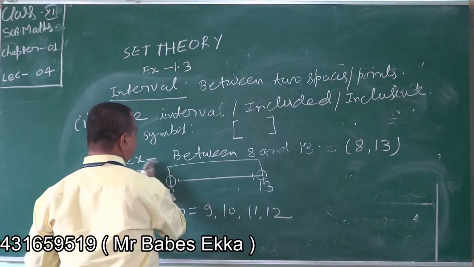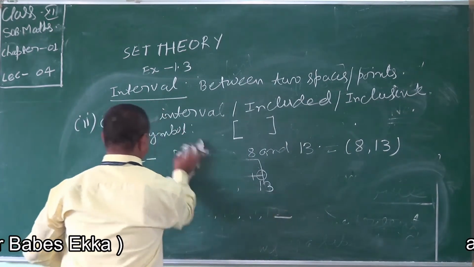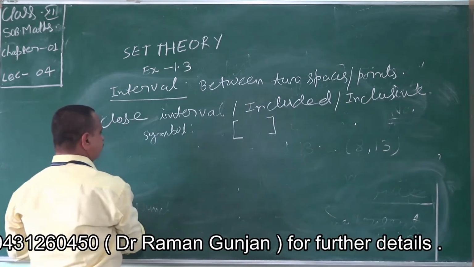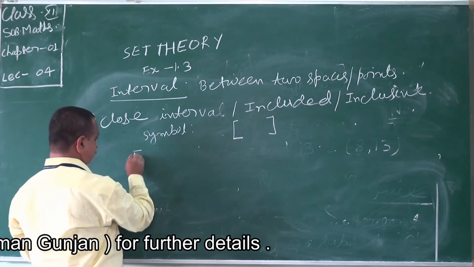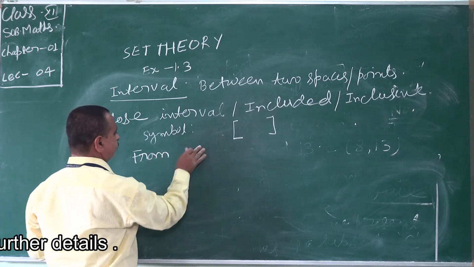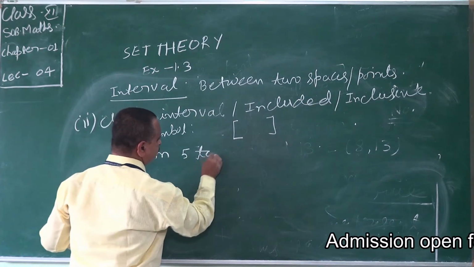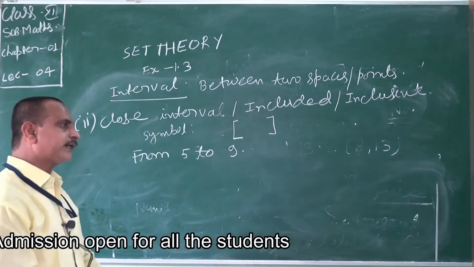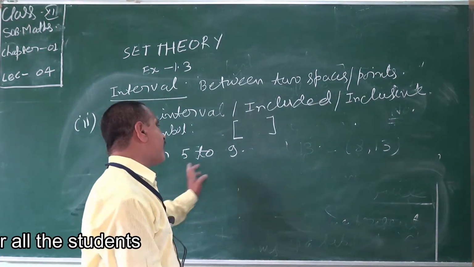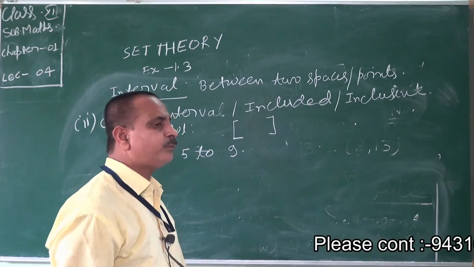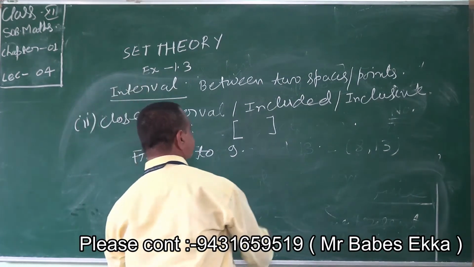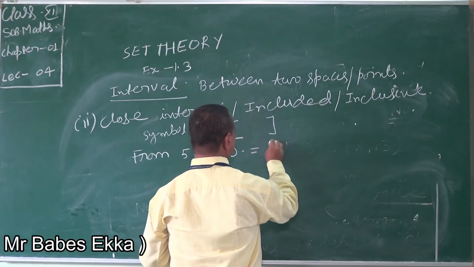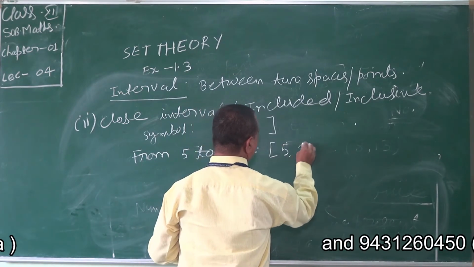Let's take an example for closed interval. Closed interval is given by from. We write from 5 to 9. From means you take the process from 5 to 9 and you count from 5 to 9: 5, 6, 7, 8, 9, and by symbol you represent [5, 9].